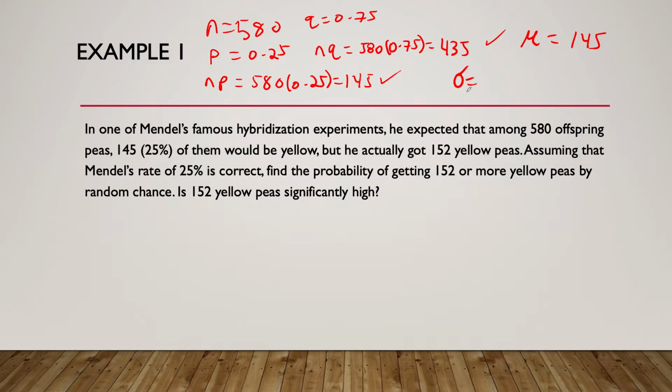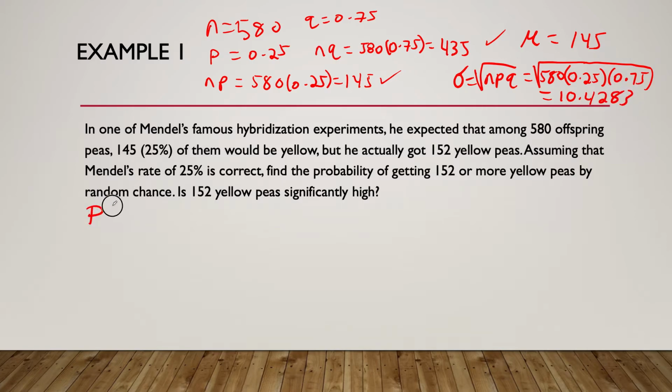So standard deviation, the square root of n times p times q, is the square root of 580 times 0.25 times 0.75. Then toss that into the calculator, and we would get an answer of about 10.4283.